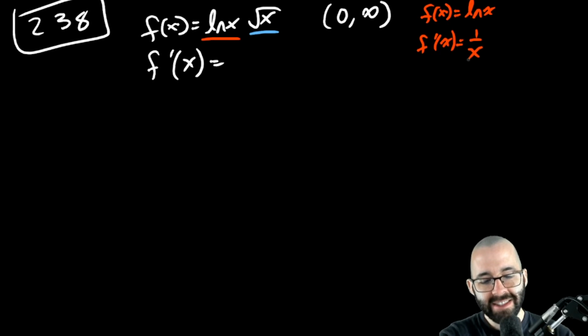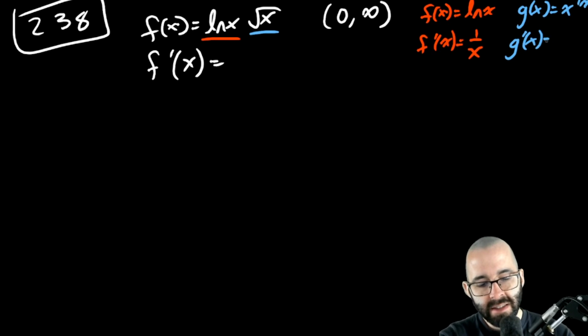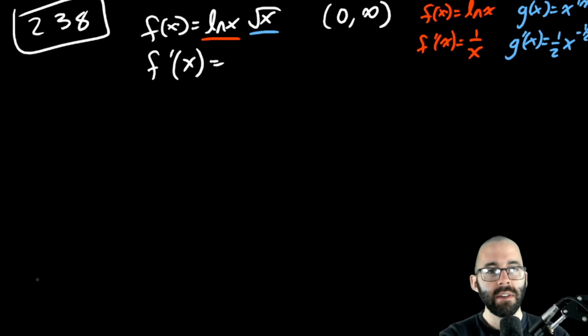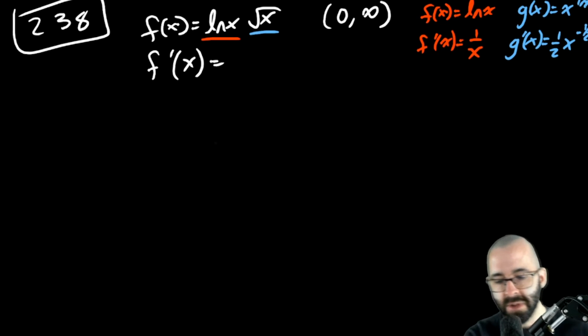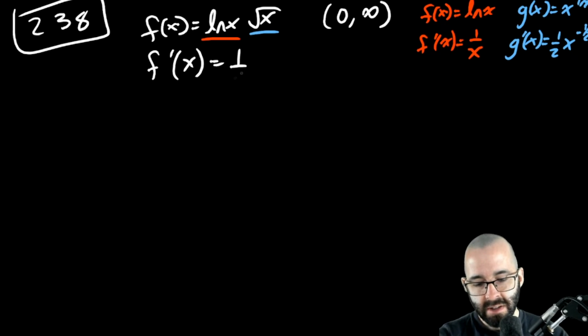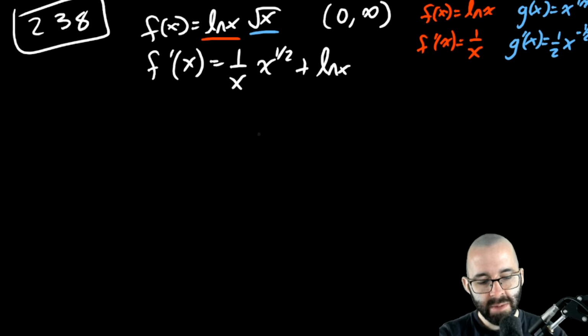F prime of x is 1 over x. G of x equals x to the 1/2. G prime of x is 1/2, x to the negative 1/2. Product rule says derivative of the first times the second plus the first times the derivative of the second.